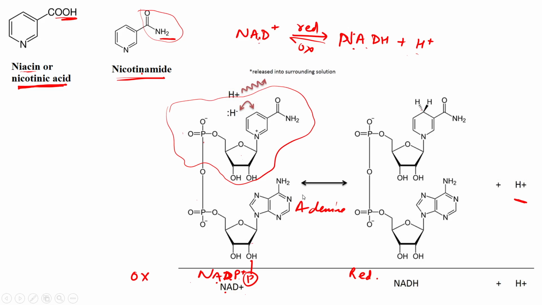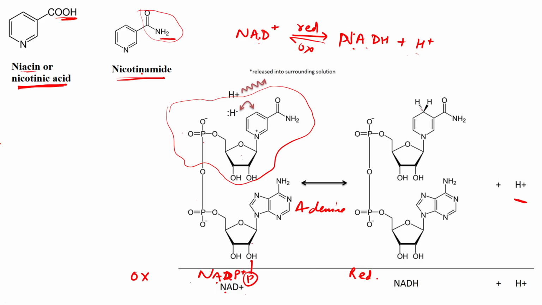At the 2' carbon, if instead of OH we have a phosphate group attached to this oxygen, we will have NADP plus. Similarly to NAD plus, we will have NADP plus, and the reduced form will be NADPH plus H plus.